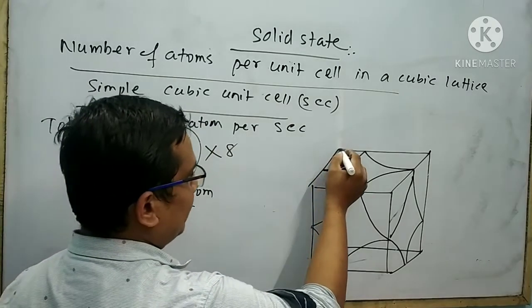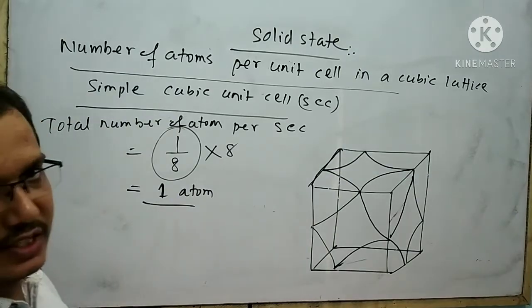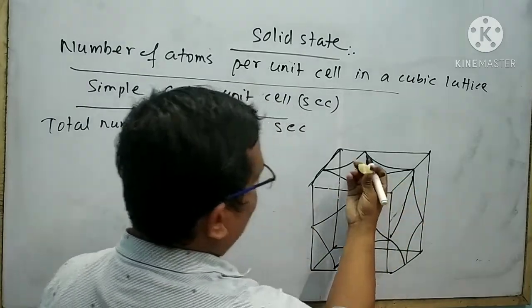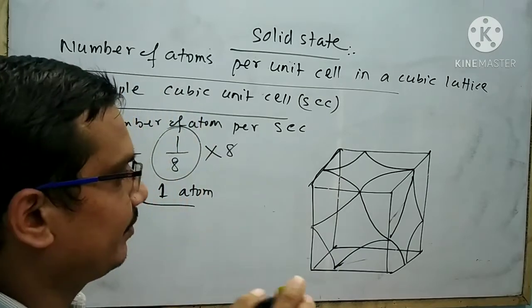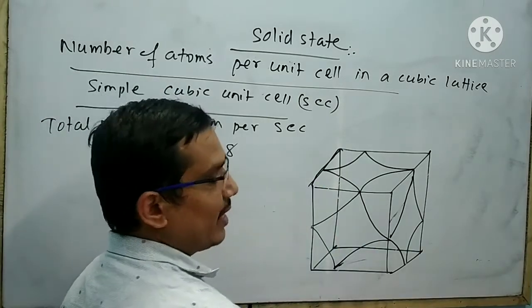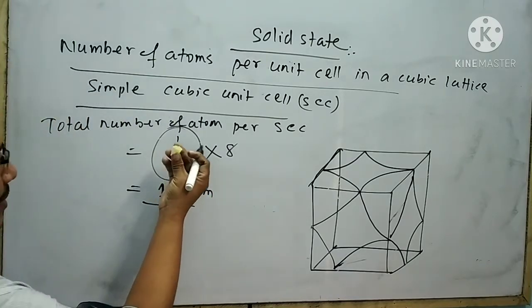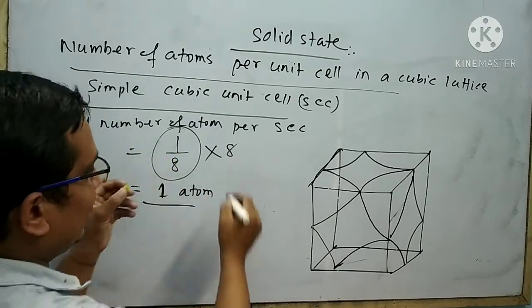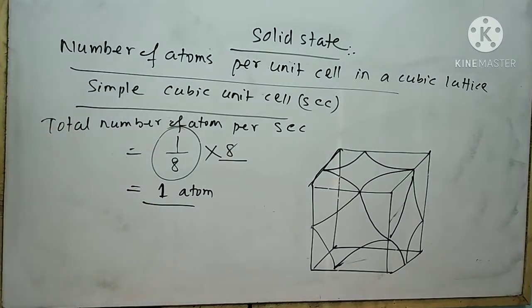This is the diagrammatical representation of the simple cubic unit cell. This part is present at each corner of the unit cell. This is your 1 by 8 part. There are 8 constituent particles present at the 8 corners of the unit cell. So this is your 1 by 8 part, and I multiply the 1 by 8 part with 8. As a result, the total number of atoms for the simple cubic unit cell is 1.